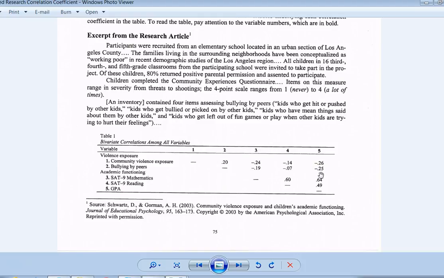Number 8, the correlation between math and reading, which is right here. It's a positive relationship. What does that tell you? That tells you that those who are higher in math tend to be higher in reading. It's a positive. One goes up, so does the other. Now, what is the weakest relationship of these? It would be negative 0.07.